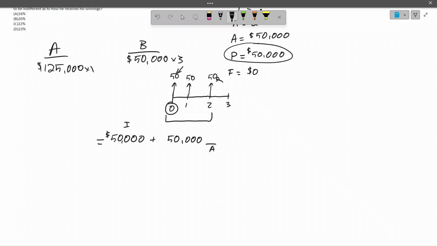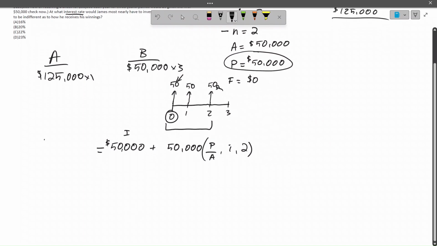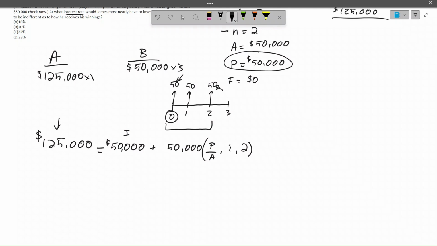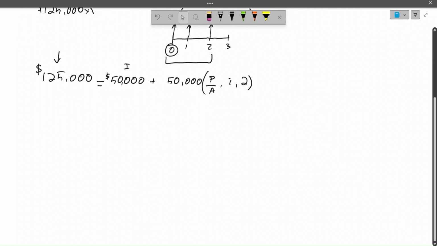So we want to get rid of the annuity, and then we want to find the principal. So the interest rate we don't know, and N is equal to 2. Okay, but in this case, since we want to compare it to this lump sum amount, we want to find the interest rate that this is comparable to. And in order to do that, we're going to set them equal to each other. 125, since this one is technically the present value of the lottery, so let's just simplify it a little bit.